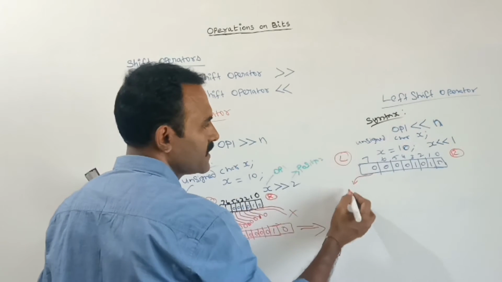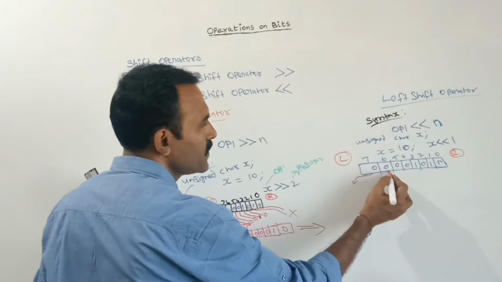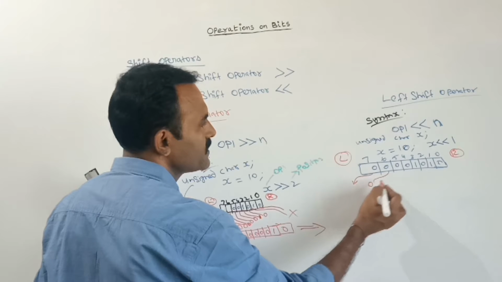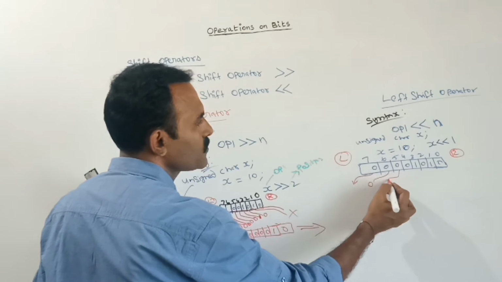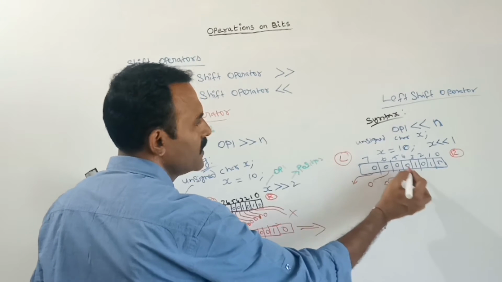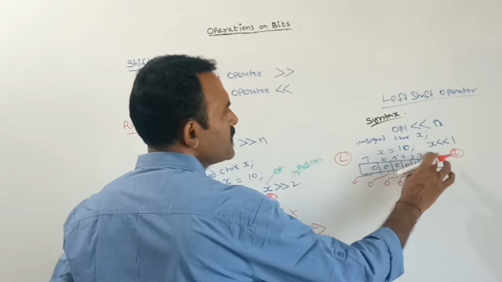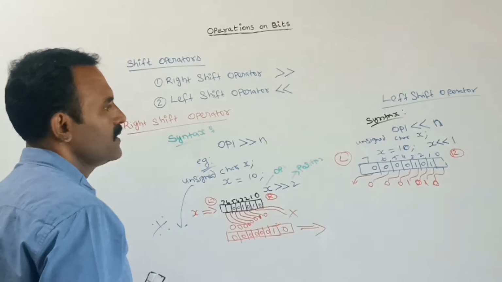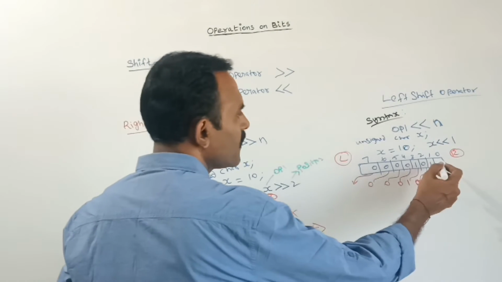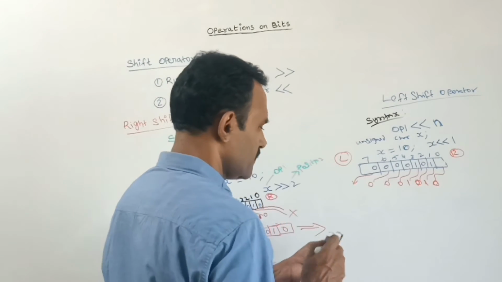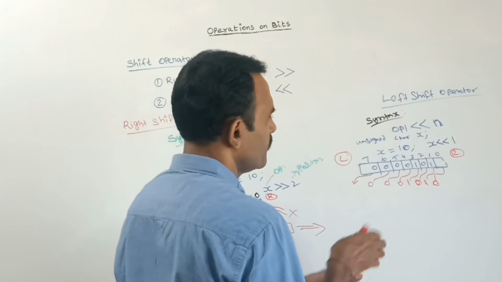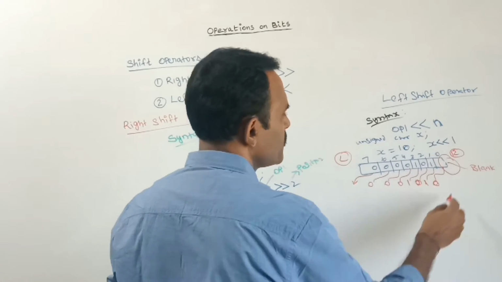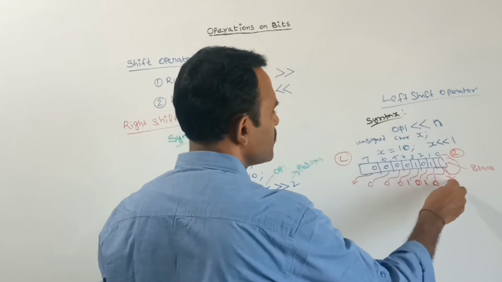The 6th position value moves to the 7th position, so the 7th position value is now 0. The 5th position value moves to the 6th position. In a similar way, at the 0th position on the right side, this is the blank space. For the blank space, we should add 0.